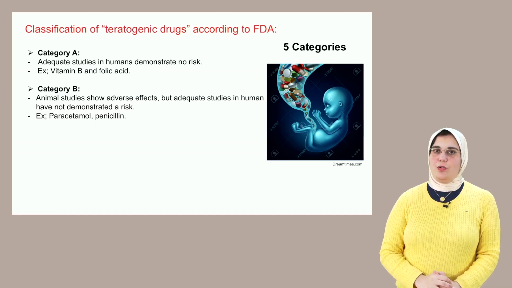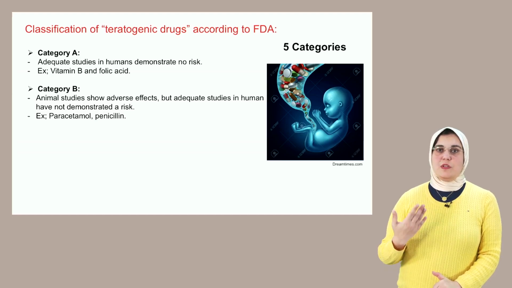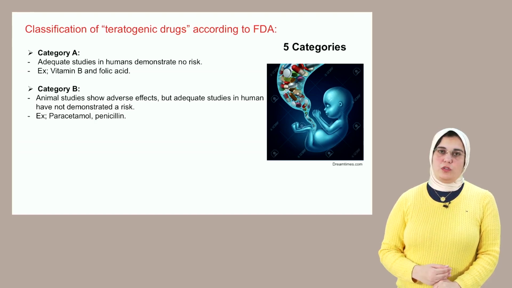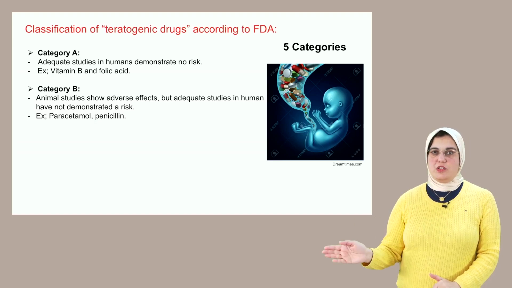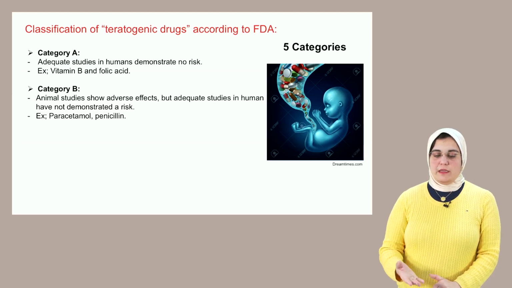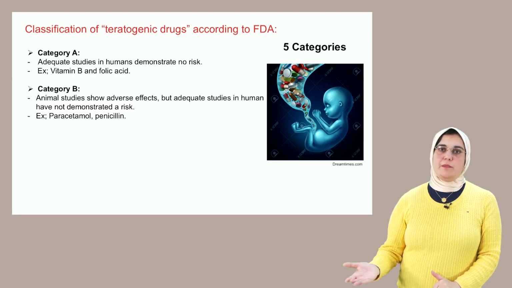That's why I always tell you, please ask your female patient if she is pregnant or not. If she is usually taking loxoprofen, you always have to ask her, did you get pregnant or not? Because we will change the drug to paracetamol, which is the only safe painkiller during pregnancy. The same for penicillin. Penicillin is the safest antibiotic that can be taken in pregnant females.